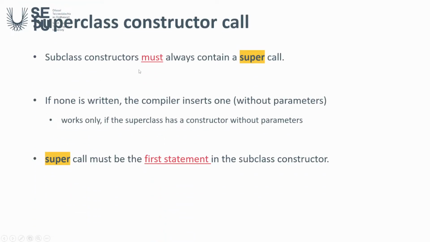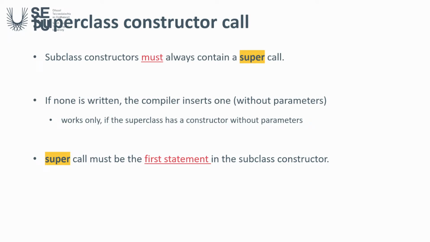Subclass constructors must always contain a super call. We always have to call the constructor that we've inherited from, and it has to be the first one. If none is written, the compiler inserts one without parameters, and that only works if the superclass has a constructor without parameters. The super call must be the first call in the subclass constructor.